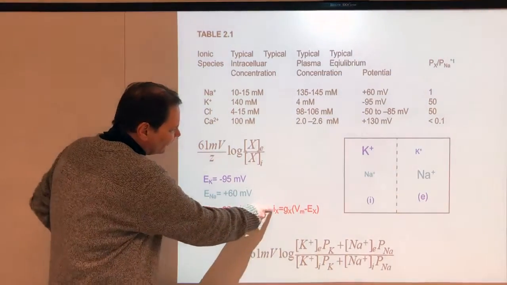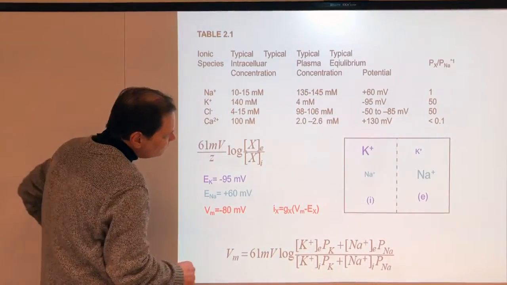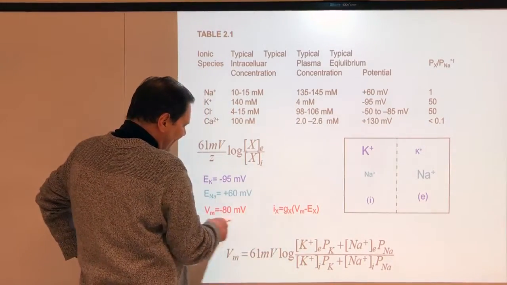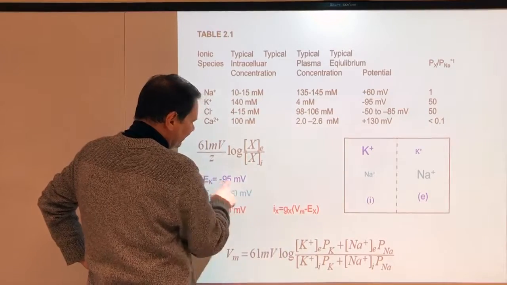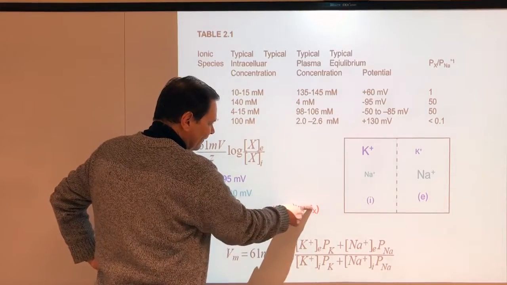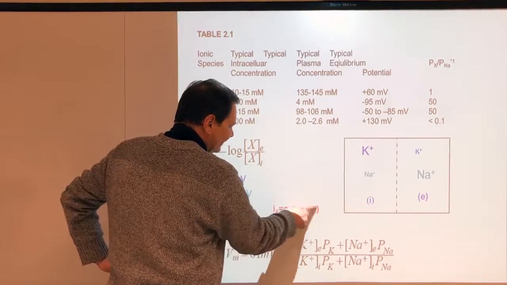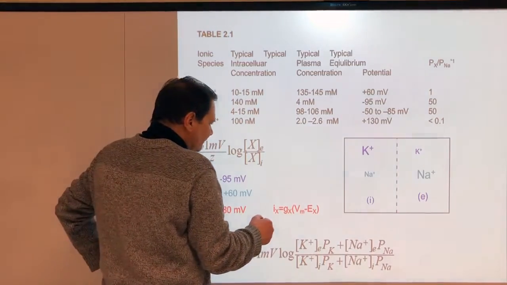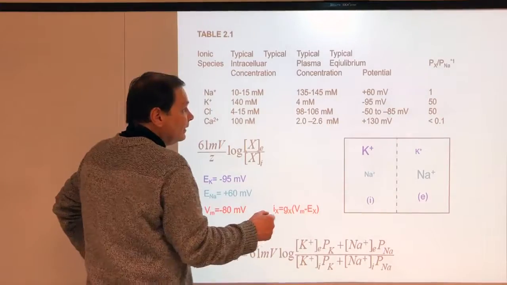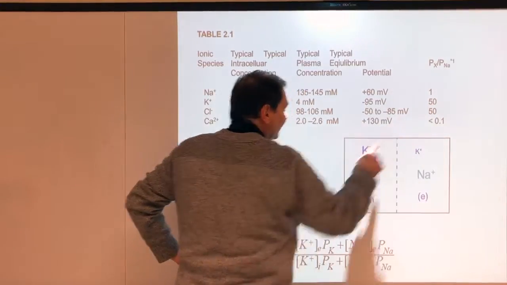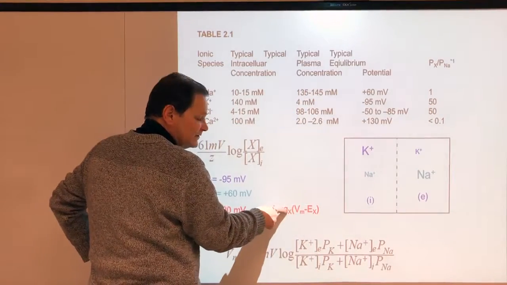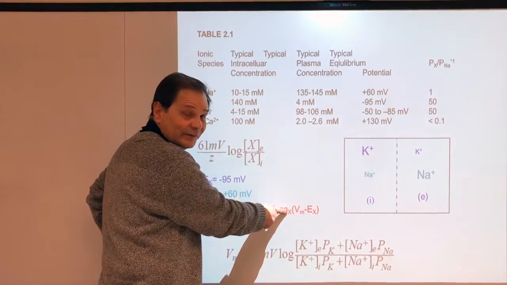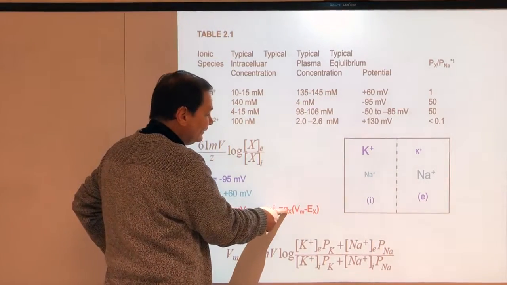Let's take a look at Ohm's law. If Vm is minus 80, it's really close to minus 95. Minus 80 minus 95 gives you a fairly small number here, only 15, for potassium. But the permeability of potassium, the G, the conductance term for this equation, is large.